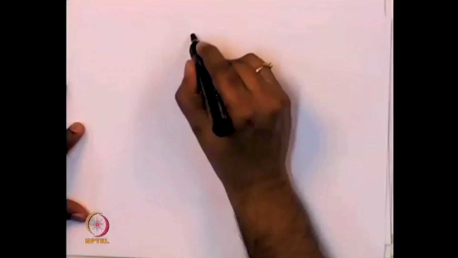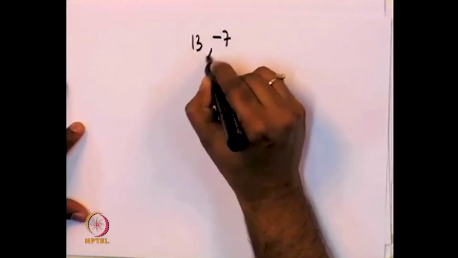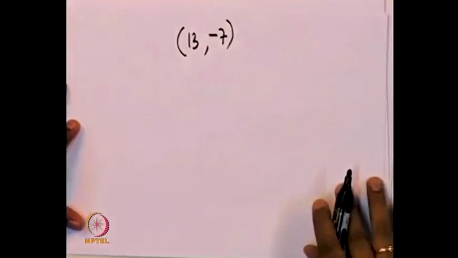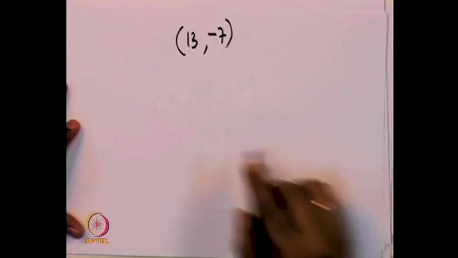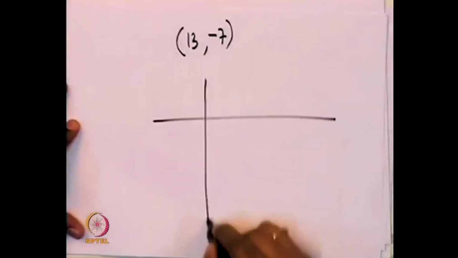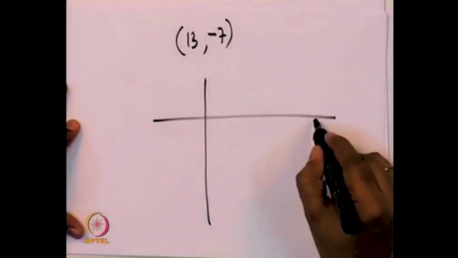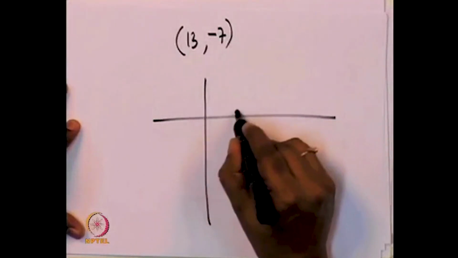Similarly, if I tell you another one, 13, minus 7, what it means is that you have to go 13 along the x axis.